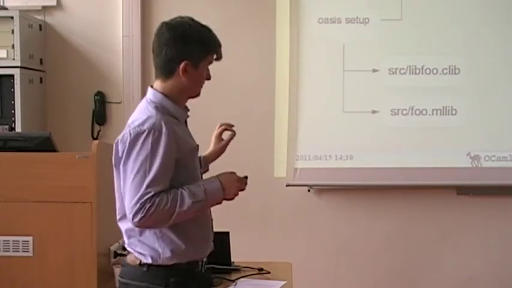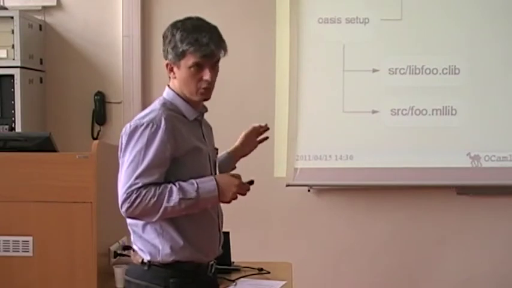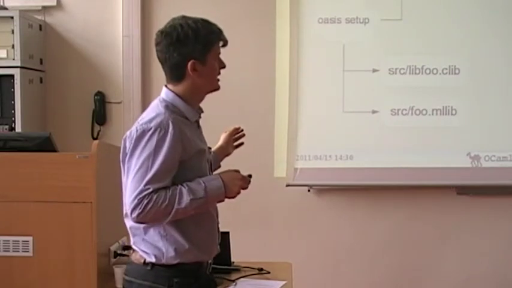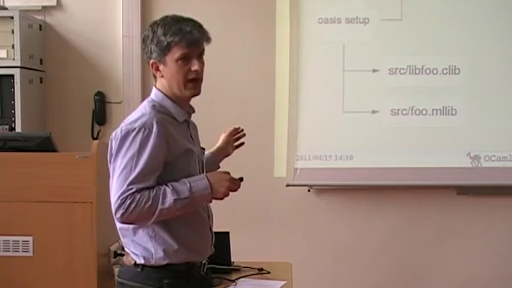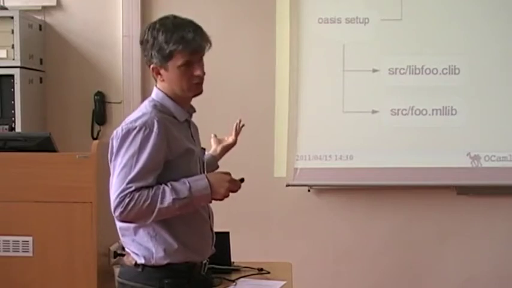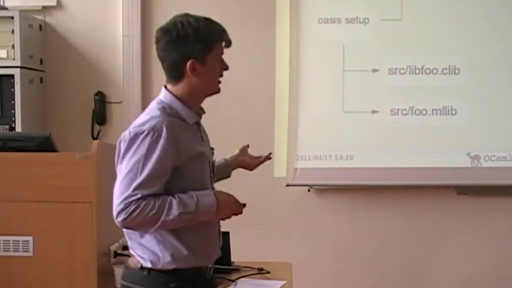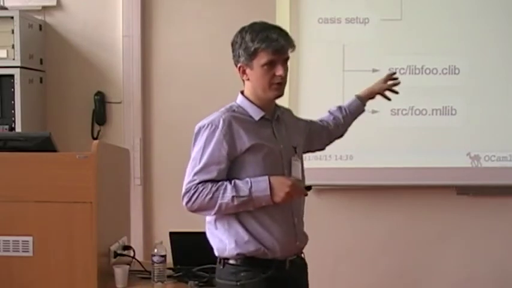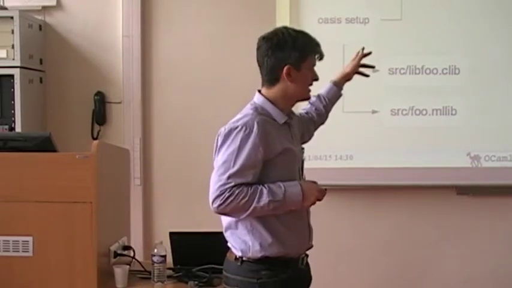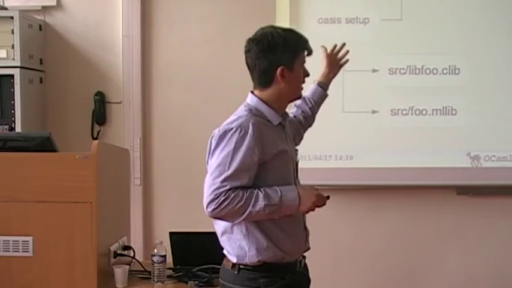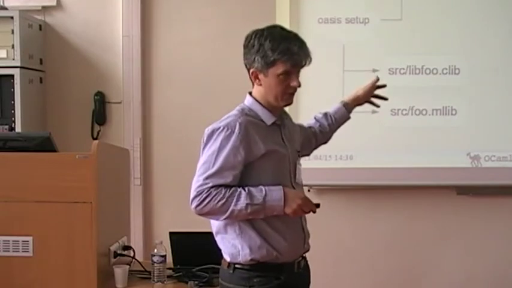Then you run the configure step, which is basically calling setup.ml with OCaml and configure as arguments. You do the same thing for build, exactly the same for test, and exactly the same for install.